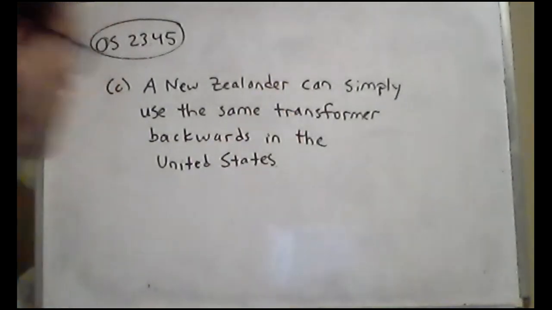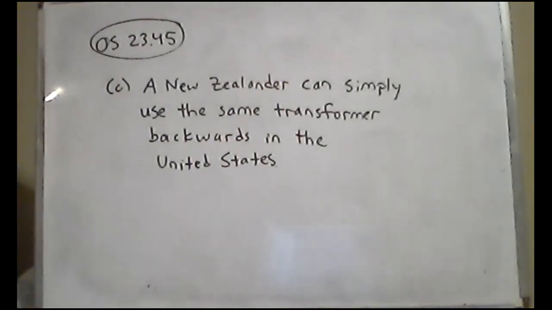So all I have to do is use the exact same transformer and hook it up backwards. That way I'm getting the opposite ratio that I need.